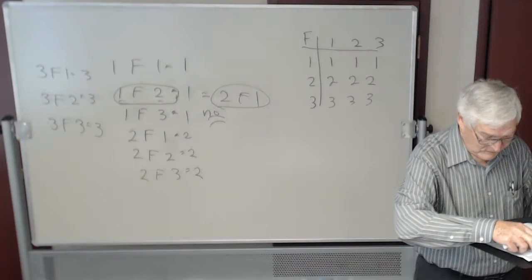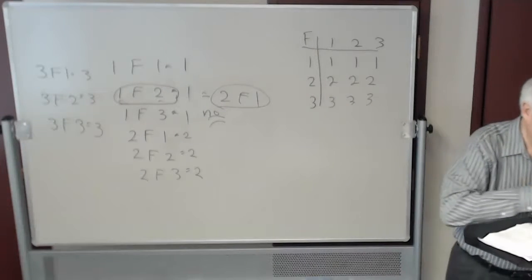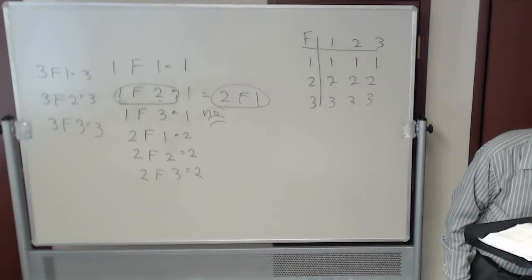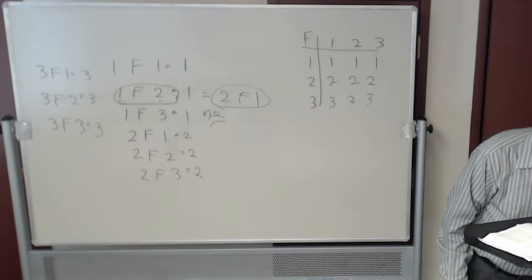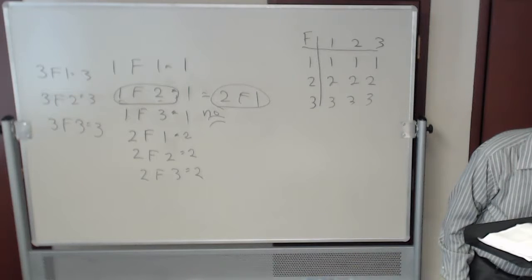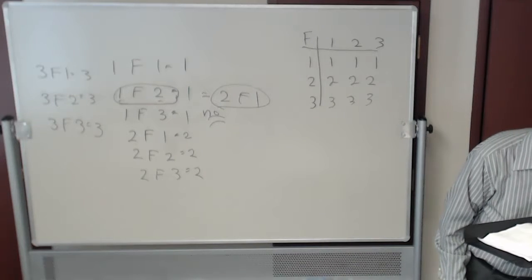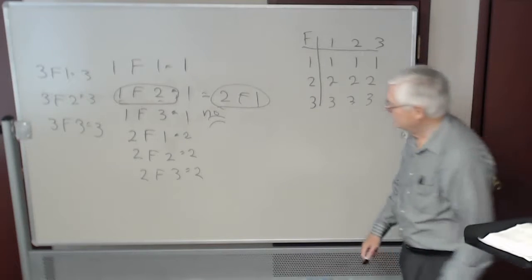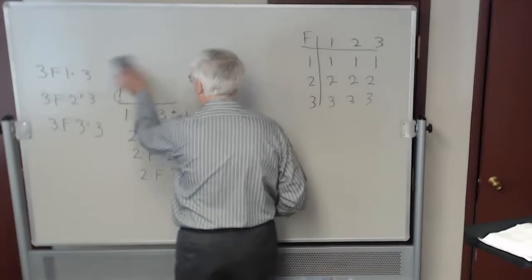No. What's the next question? For any three numbers, show that (AFB)FC equals AF(BFC), different parentheses. So let's put it up here.